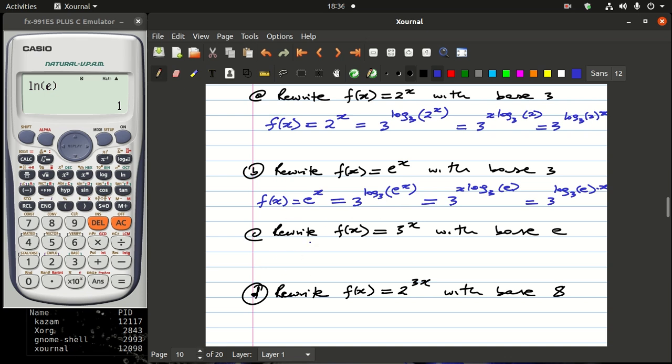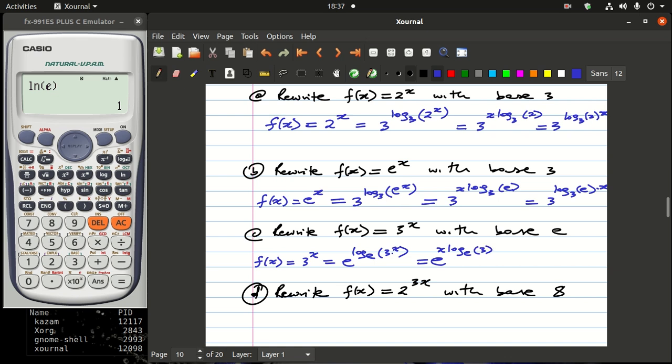And then here, with base e, I can have f of x is equal to 3 to the power x, and now I want to have e, and then I want log base e so that it will cancel out, and I will have this 3 to the power x. This is the same as I can bring the x inside, so I'll have e raised to x times log base e of 3.